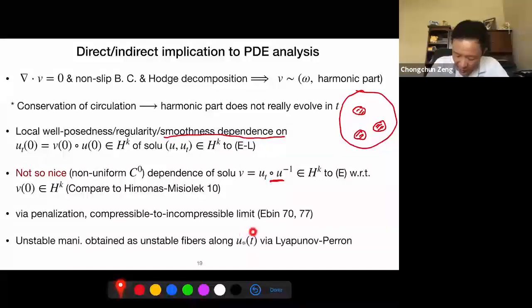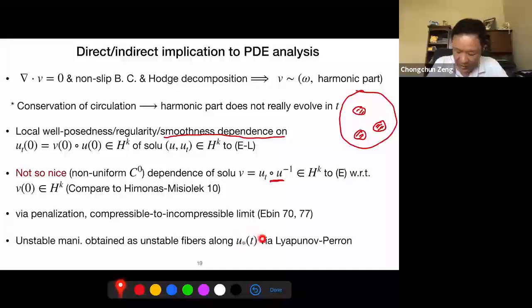So after we have an orbit with exponential dichotomy, we can construct the stable and unstable fibers. These, when converted back into the Eulerian formulation, give the unstable manifold and the stable manifold of the steady state. The construction was done by the Lyapunov-Perron approach in the Lagrangian formulation.